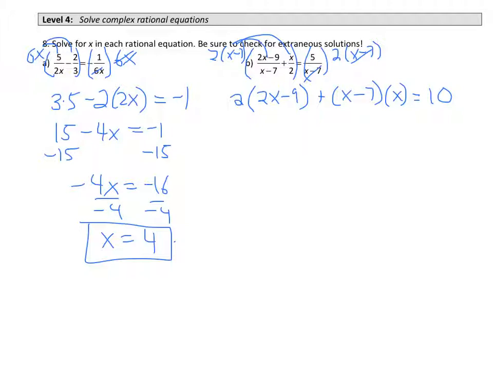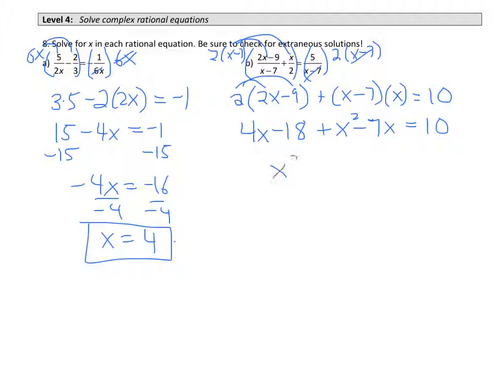Now I just simplify and solve. So I distribute: 4x minus 18 plus x squared minus 7x equals 10. This is a quadratic equation because I have an x squared term and I also have an x term, so I'm going to want to solve this by factoring, so I'm going to get everything to one side, set it equal to 0.